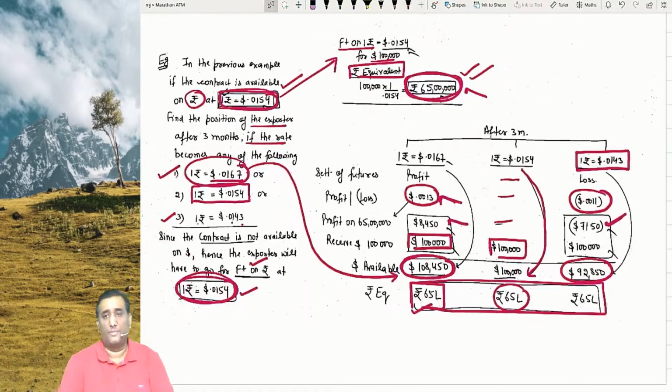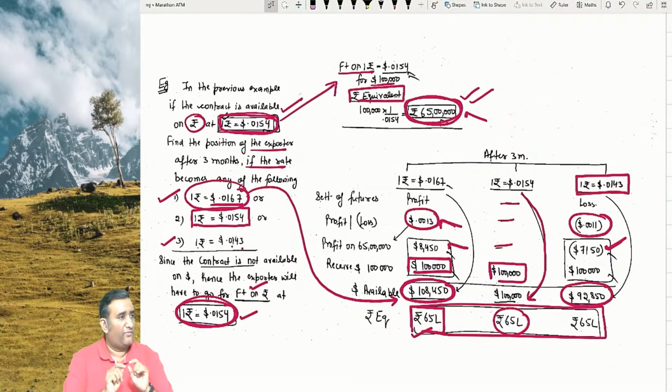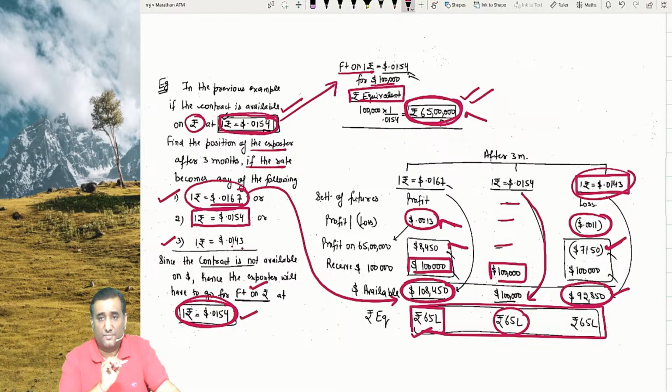The only difference is, if there is a loss, the future market will give you extra dollars. Dollar plus that extra dollar, add them, sell. If you are in a profit, the future market will take away some extra dollar, because of your higher rate, 92,850 is able to sell.